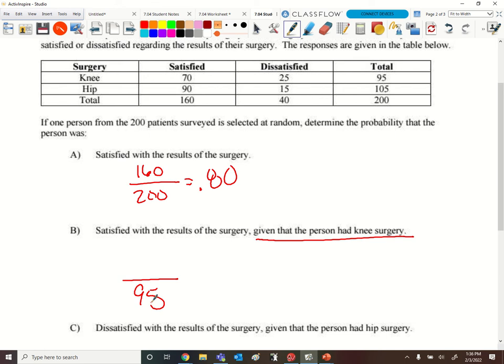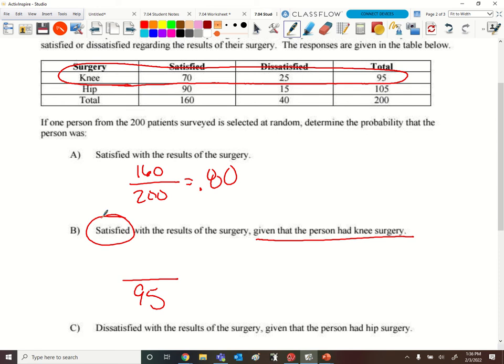All right. So now I'm looking only at this group right here. Now I go and find the data in this group, which has to do with my denominator, that fits satisfied with the surgery.